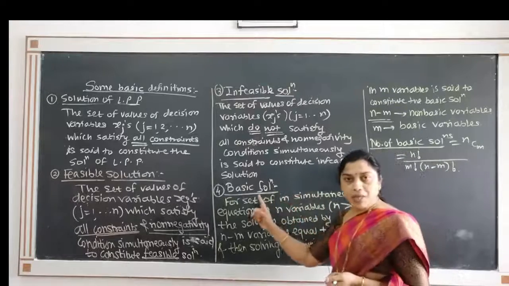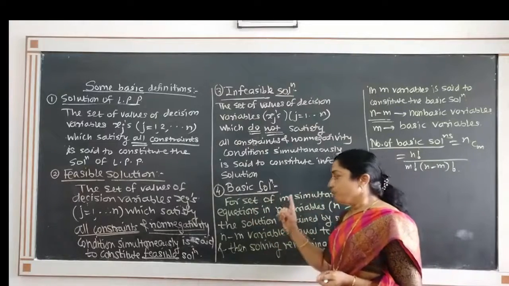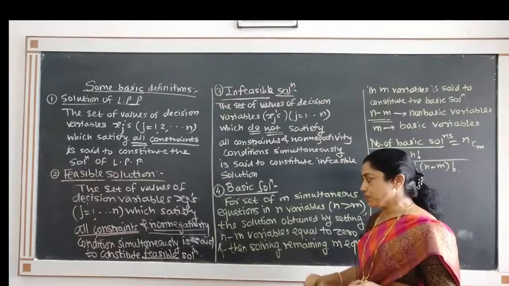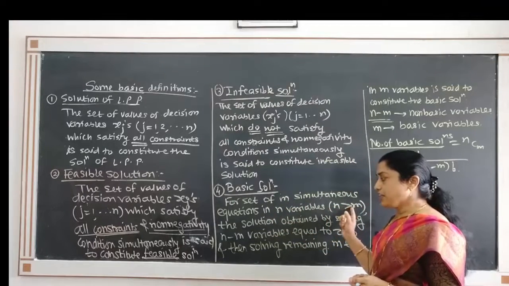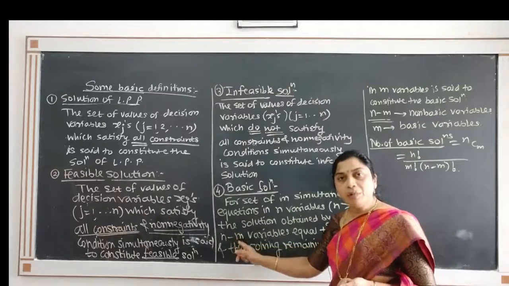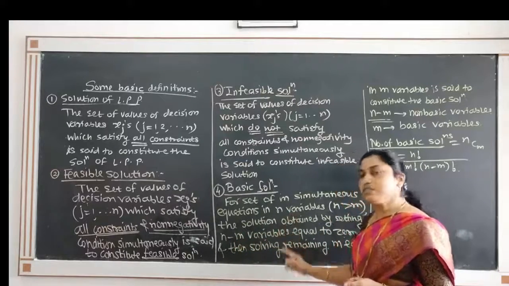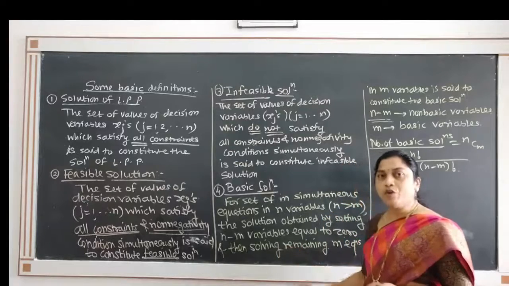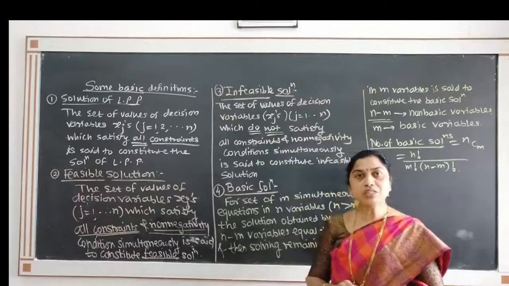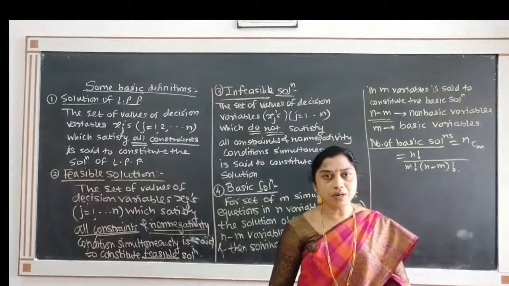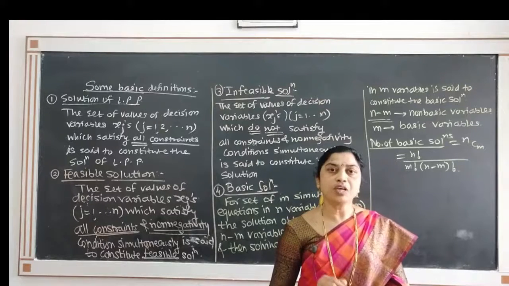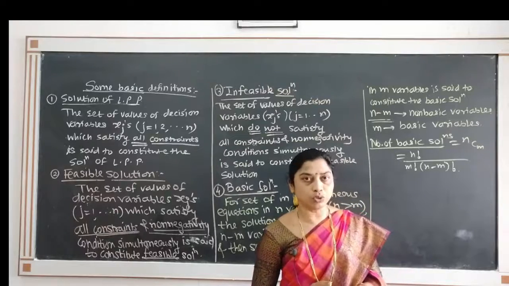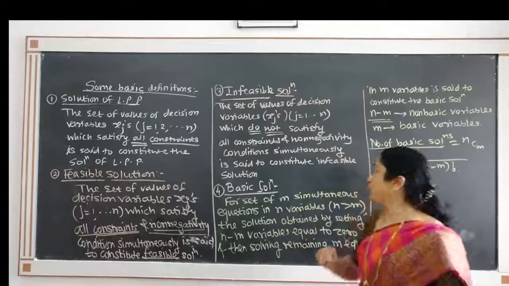So to get the basic solution, we have m simultaneous equations in n variables. Since n is greater than m, we will put n minus m variables equal to 0. Then we get remaining system which contains m equations and m variables. Solve the system, we get the solution, and that solution is known as basic solution of linear programming problem.